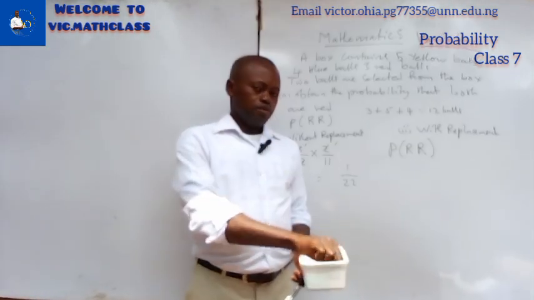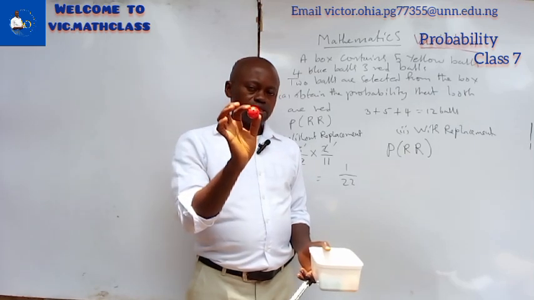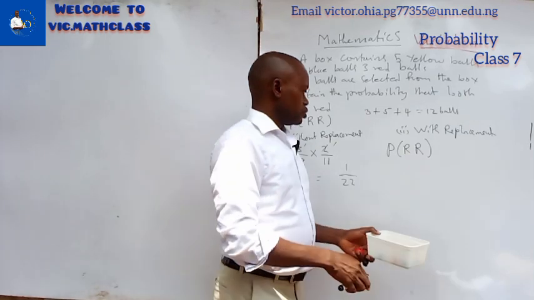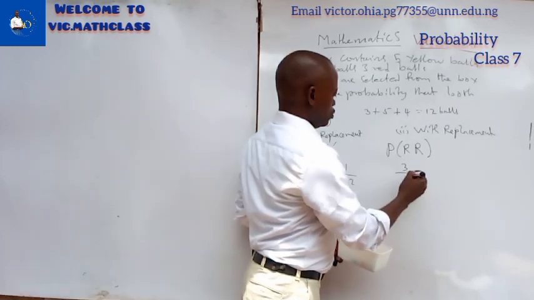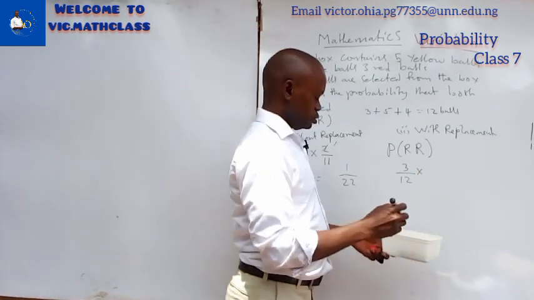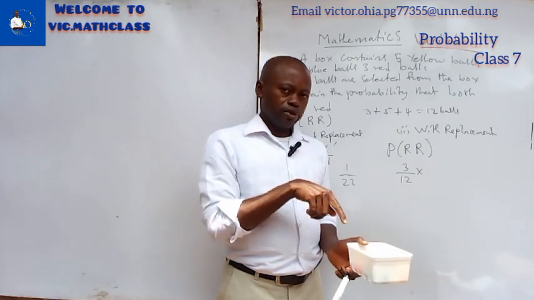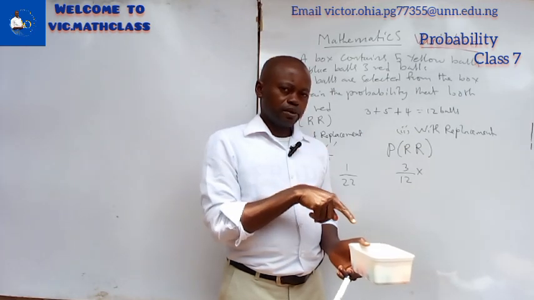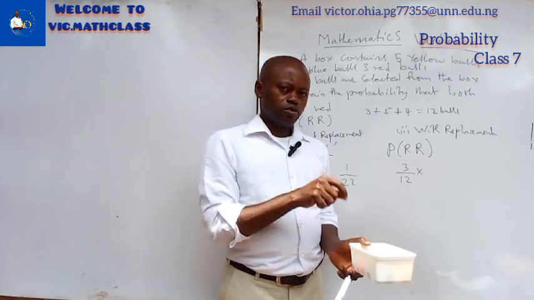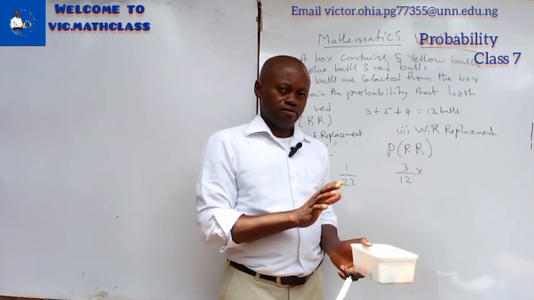The first selection I made is this, and the probability is 3 over 12, times, look at it now, I am replacing it. Do you realize now that the sample space is still 12 and the number of red balls in this box is still 3?